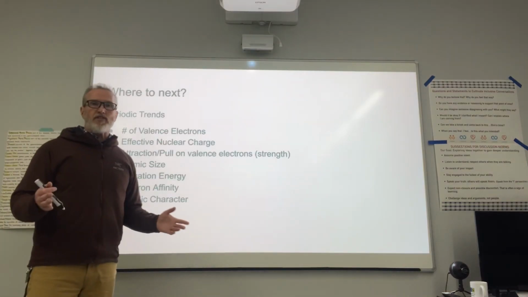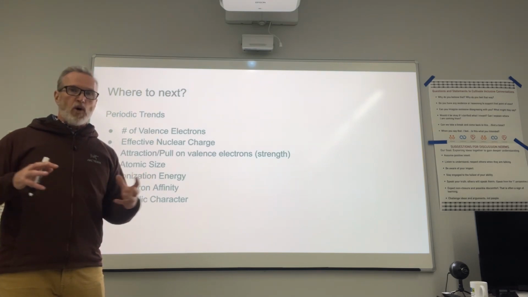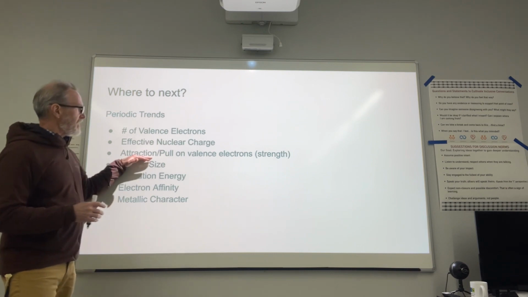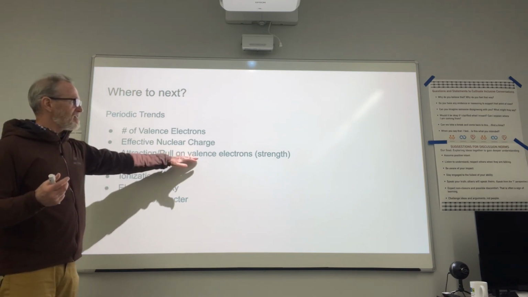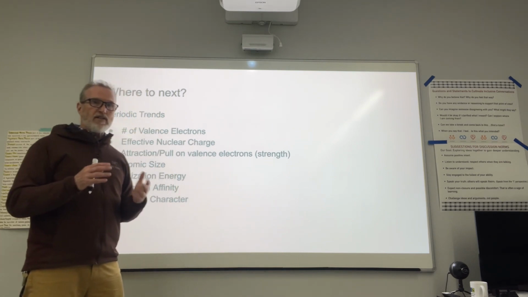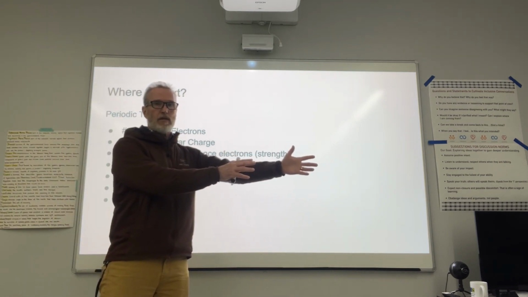So just as I mentioned, as the effective nuclear charge increases, the pull on the valence electrons increases. So when we talk about the attraction or the pull on valence electrons, that strength of pull is increasing as we move across the periodic table.